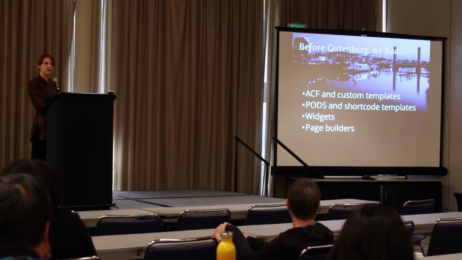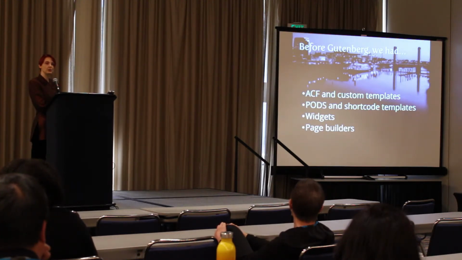Pods is a framework for doing custom post types, custom taxonomies, and meta relationships, and they let you build templates with shortcodes, and that's easier for some people. You build a layout out of widgets. I build mostly on the Genesis theme framework.